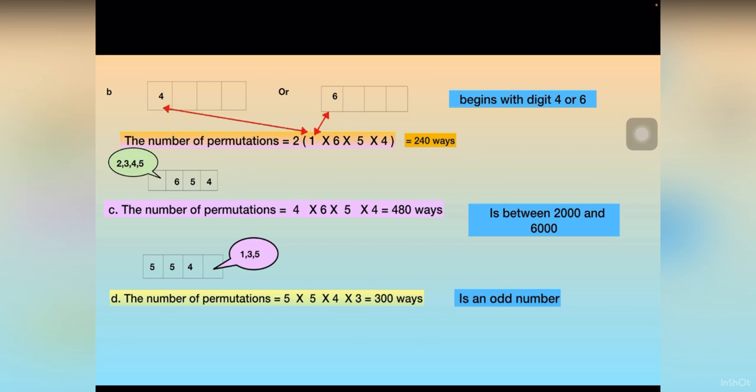And then the number of permutations must be 5 times 5 times 4 times 3. 3 for the last digit, it can be 1, 3, or 5. We have 3 choices for the last digit. So altogether we have 300 ways.